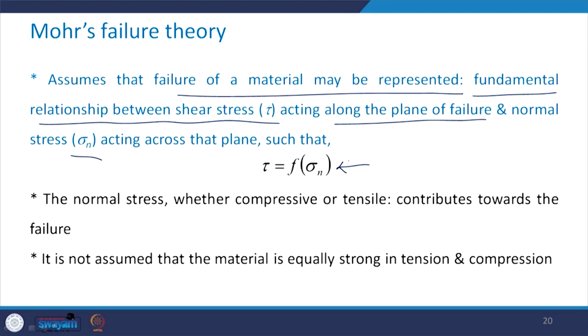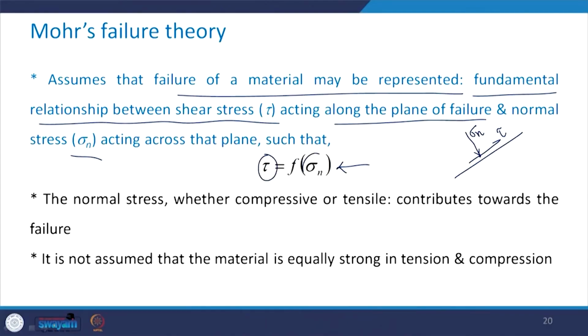That means, let us say that you have a plane of failure, then the shear stress along this plane, this tau, is a function of the normal stress on this plane, that is sigma n. Now, this normal stress, whether it is compressive or tensile, contributes towards the failure. It is not assumed in this theory that the material is equally strong in tension as well as in compression.